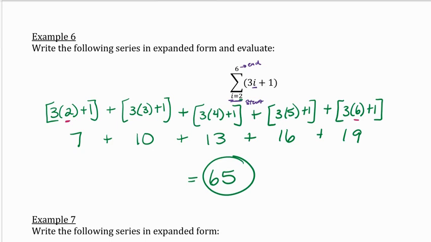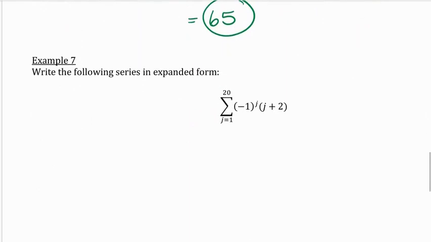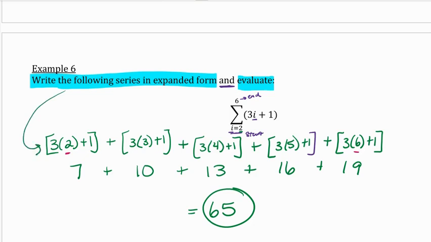Okay. All right, let's try something a little bit different here. So notice the directions on the problem we just did. It said, write the following series in expanded form and evaluate, right? It had 2 different instructions. So writing it in expanded form, that's what we did right there, right? We wrote out all the different terms.